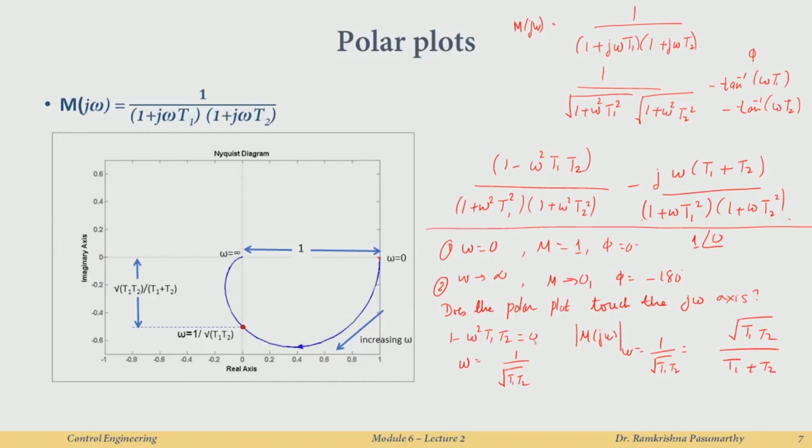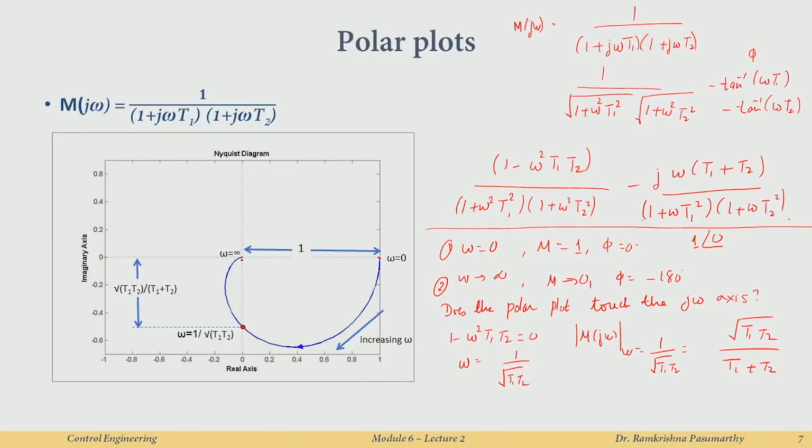This could easily be obtained by just substituting this in the expression for magnitude, marked here, right? So this omega is 1 over square root t1 t2, and this magnitude here is this much. And again, as omega goes to infinity, you reach the origin, and if I use the root locus terminology, you arrive at an angle of minus 180 degrees to this point.